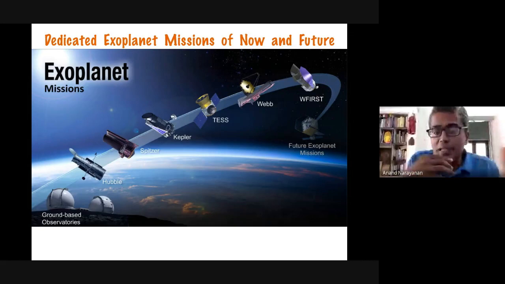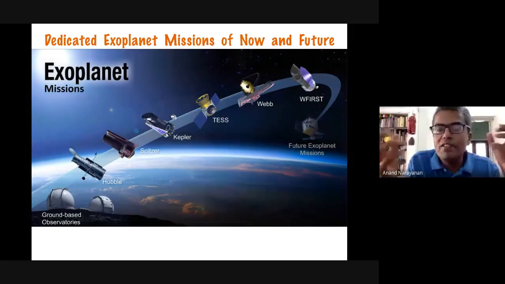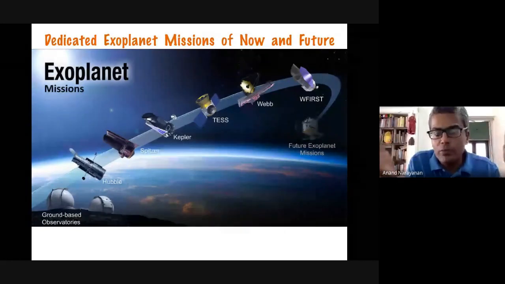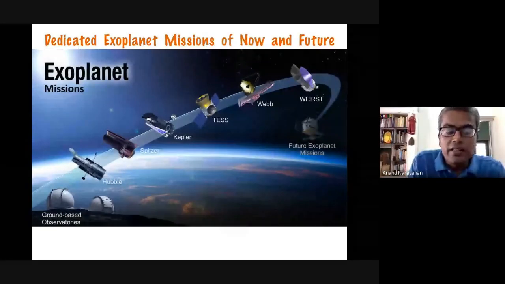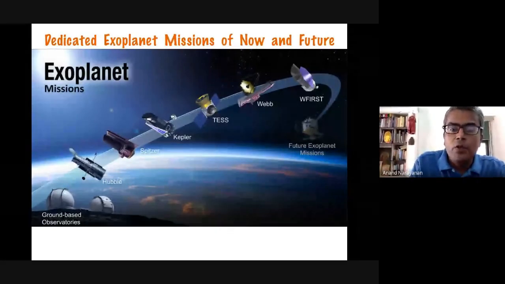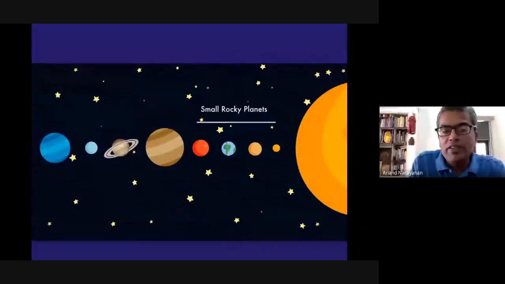And TESS is specifically tuned to detect Earth-like planets orbiting around Sun-like stars. So there's going to be a lot of discovery coming in the coming years from this TESS mission. And following TESS, there are a number of other missions lined up for discovering planets around other stars. So let me conclude my presentation.